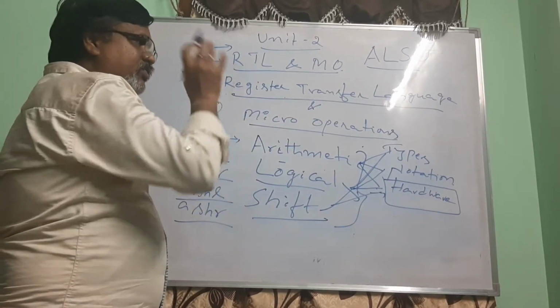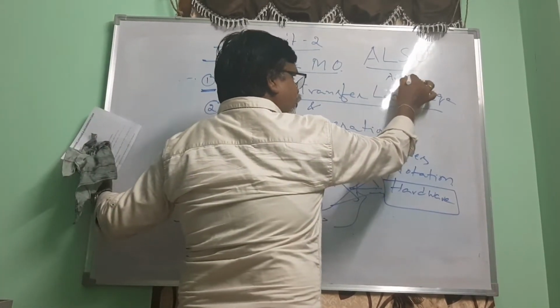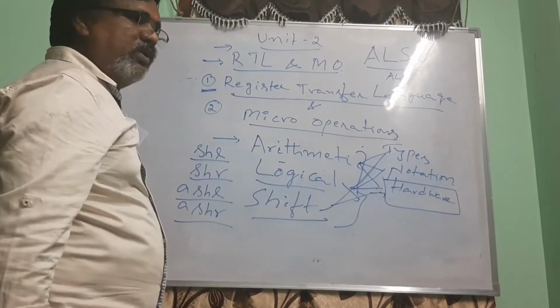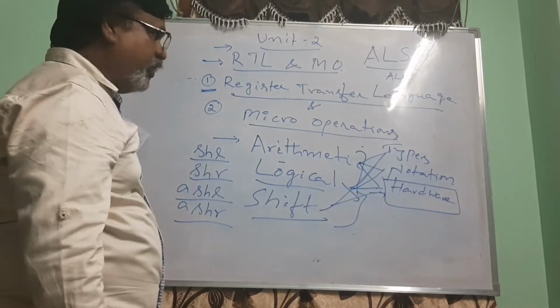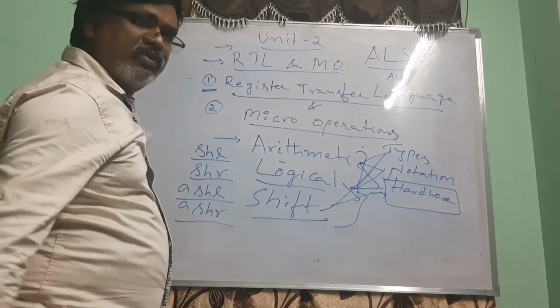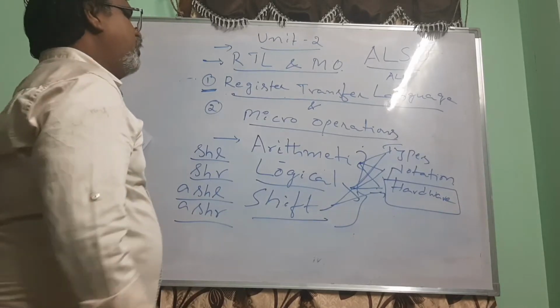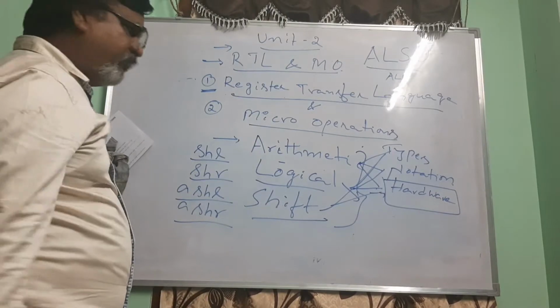That is the basic part that you call an ALU, which is one part of your CPU. The control unit and the ALU combined together form the central processing unit. So this ALU plays an important role in our CPU. That's why we study how to design an ALU and by using what type of circuits.